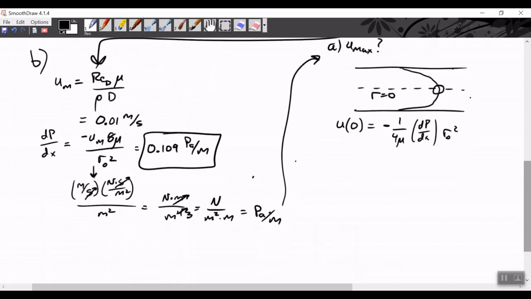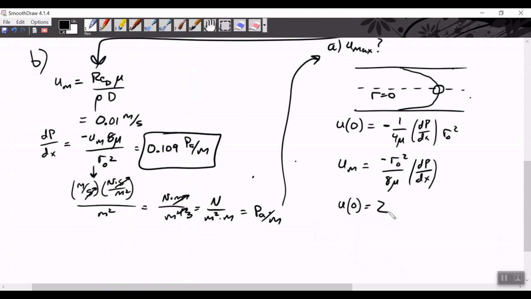You'll notice that this actually looks kind of familiar because our mean velocity equation, remember, was minus r naught squared over 8 times viscosity times dp dx. So see, these terms all grouped are very similar, only changing by a factor of 2, right? So this is equal to this equation multiplied by 2.